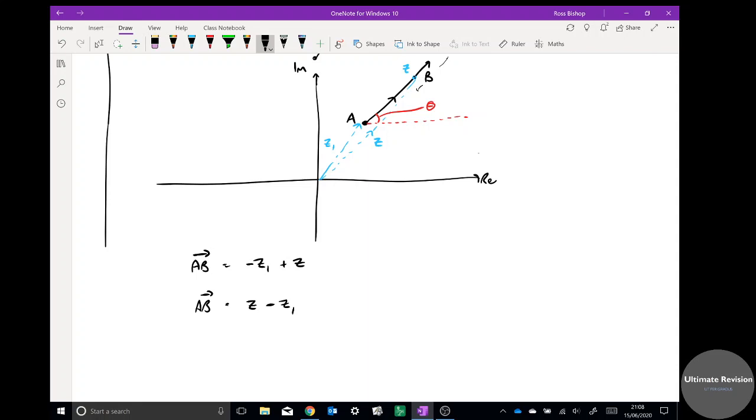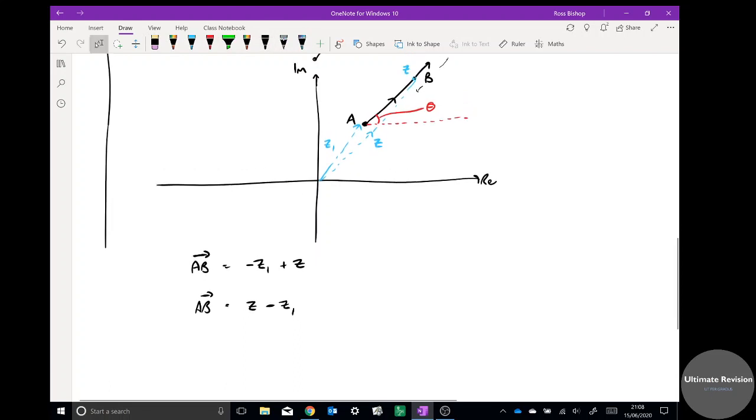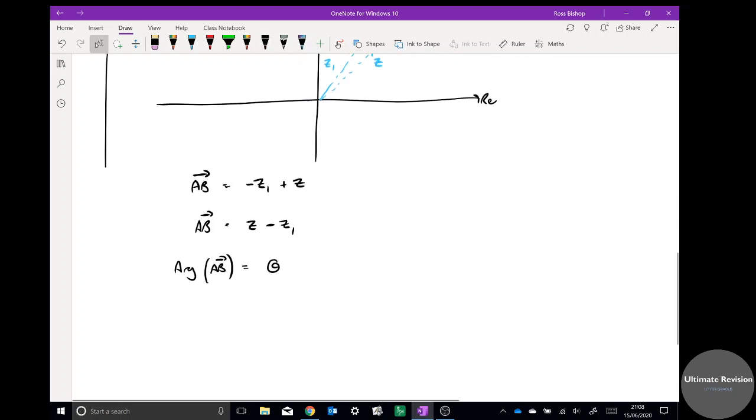But I want that to go on a specific angle. I want the argument of the vector A to B to be equal to theta. I want that argument to be that angle. Or in other words, I want the argument of Z minus Z1 to be equal to theta.